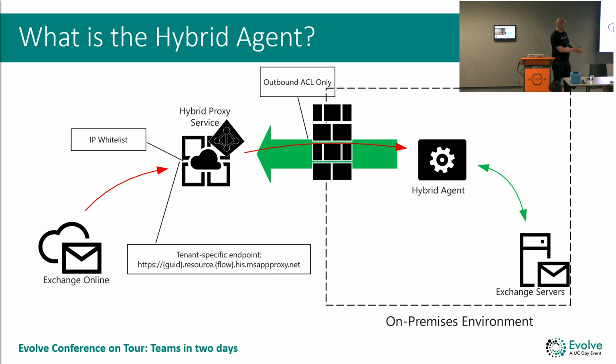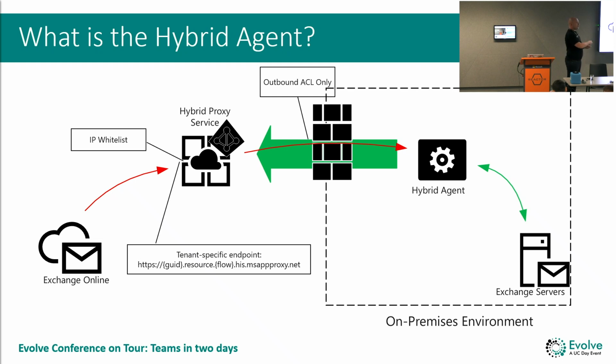So it enables us to publish a long URL to the outside world without actually configuring any firewall rules. What we need is the agent itself, the hybrid agent, to be able to reach out to Office 365 and make an outbound connection. It'll sit there and wait for Exchange Online to make an inbound connection.